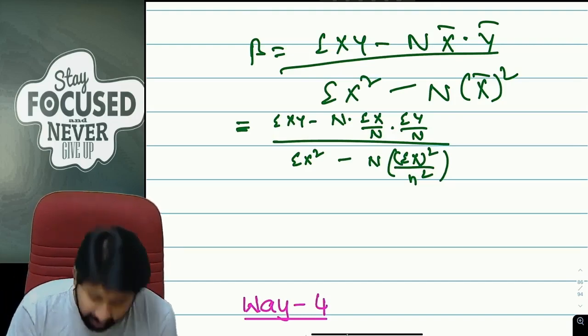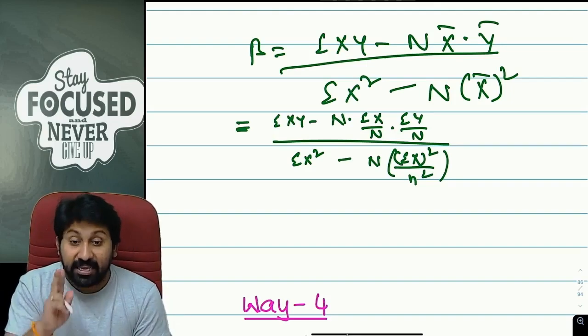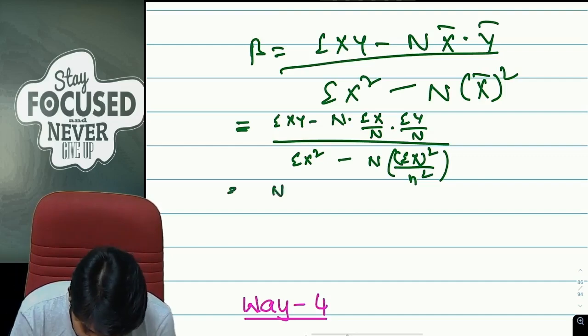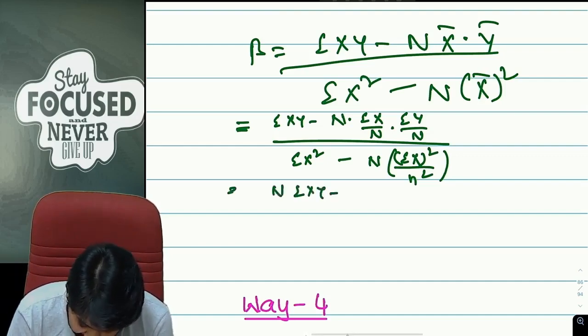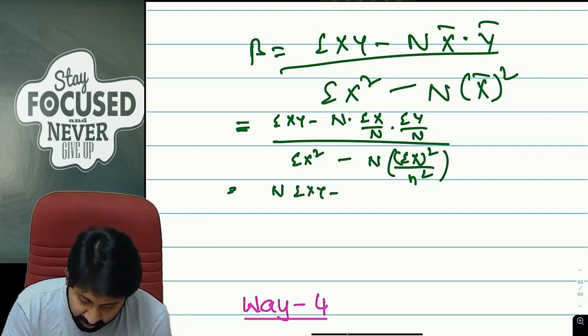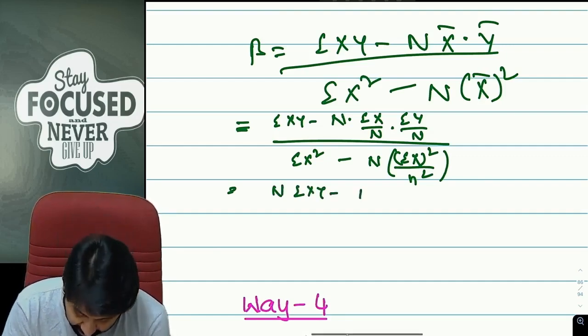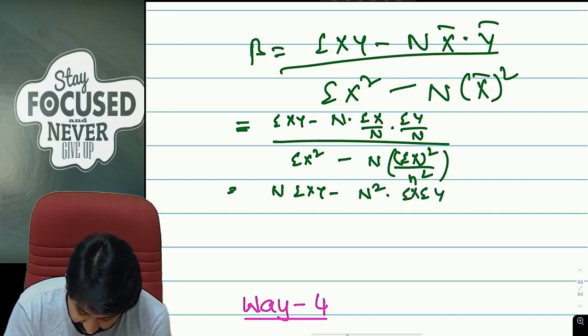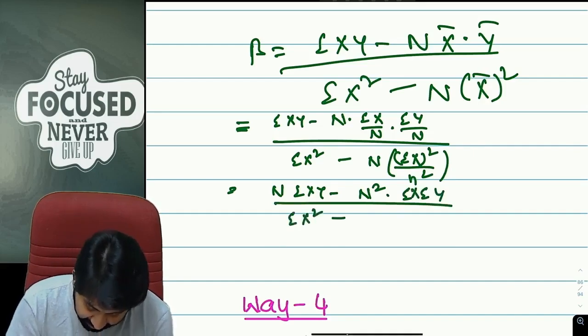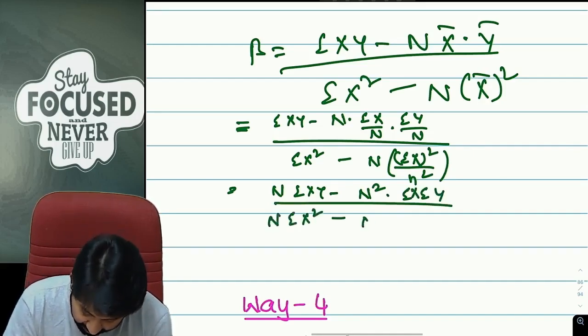Okay. Now multiply n in the numerator and denominator. N sigma xy minus. If you multiply by n, what will happen? N is already there. N into n becomes n square into sigma x sigma y, whole divided by sigma x square minus n sigma x square minus n square into sigma x the whole square divided by n square.